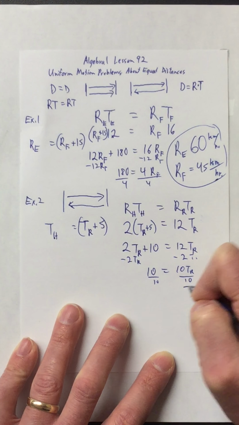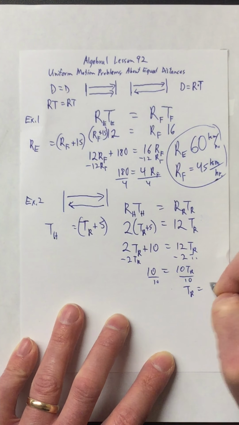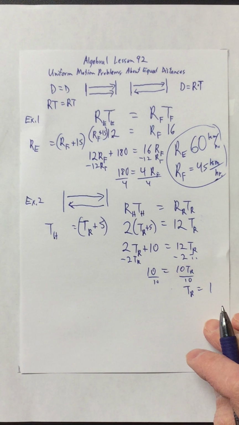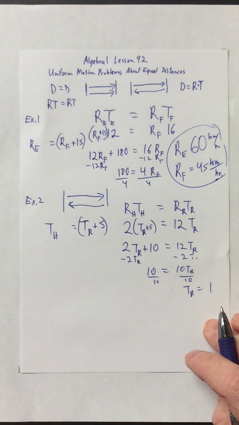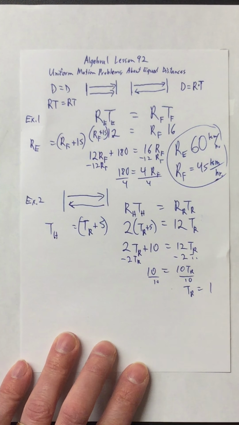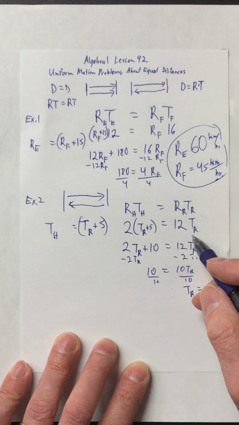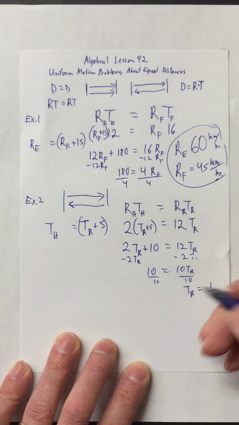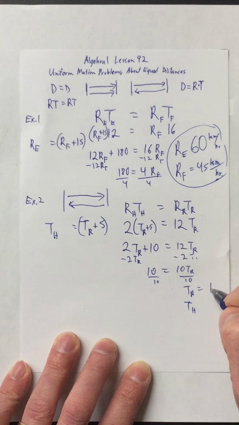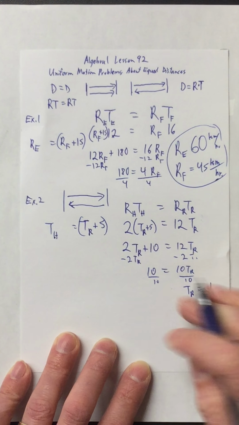It looks like my time of riding is equal to 1 hour. Okay, so if my time of riding was 1 hour, then what was my time of heading there? My time of heading there is 5 hours more, so that would be 6.